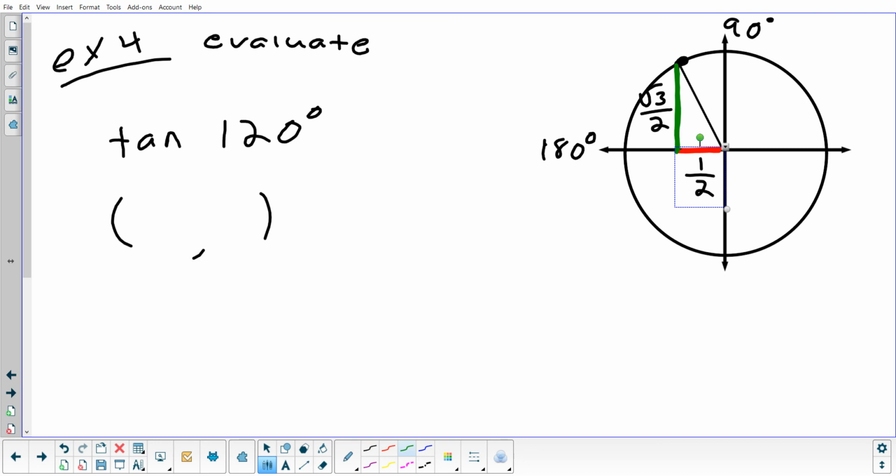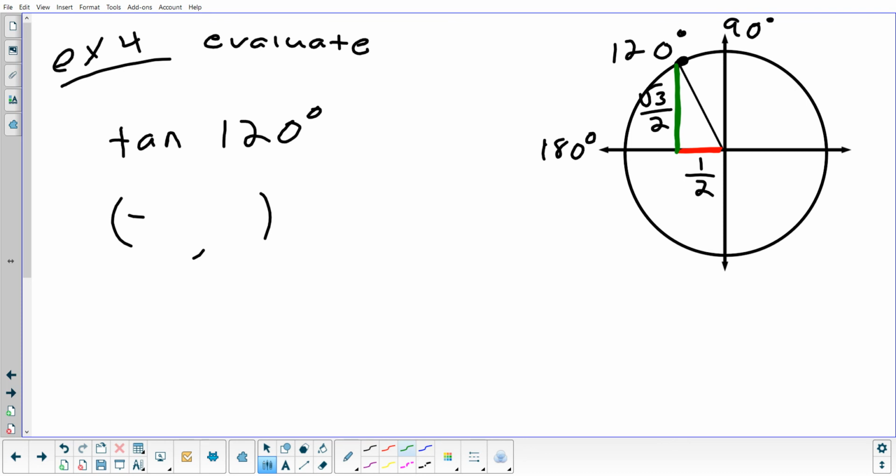All right, so Haley, what would be my coordinate for 120 degrees? Would be negative root 3 over 2, comma 1/2? Or would it be negative 1/2? Well, which one of those is the horizontal?